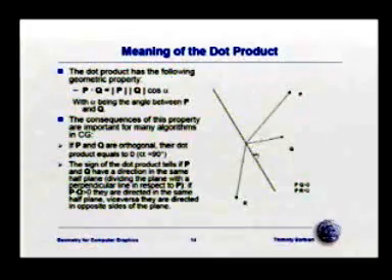The cosine going from 90 to 0 over here is positive, so you have a positive result. If you go the other way, then the cosine starts to be negative, so you have a negative sign. So it means that the two vectors are pointing to opposite directions in relation to the orthogonal plane.